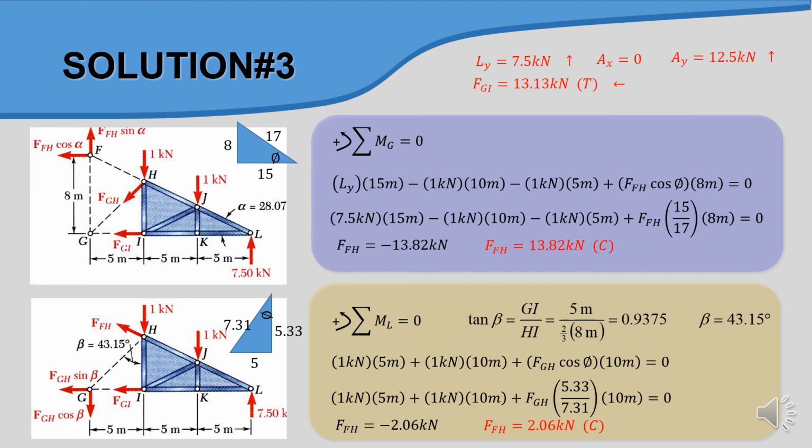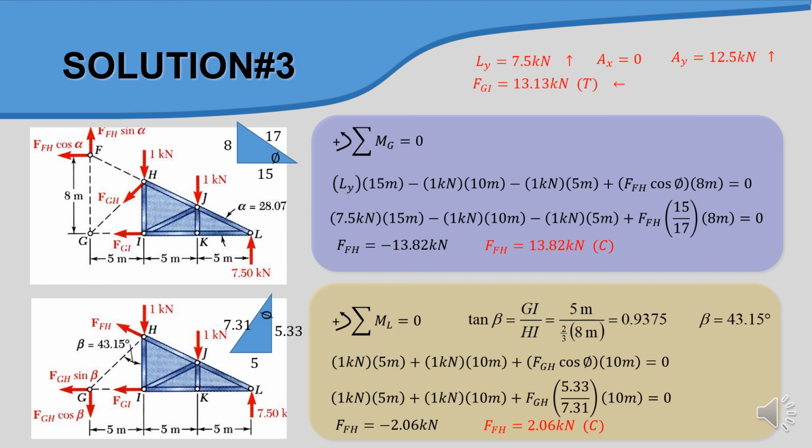And then by using the moment at point L, it involves three forces, which come from the 2 kilonewton loads at 10 meters and 5 meters, and the other one is the FGH component from the y-axis.